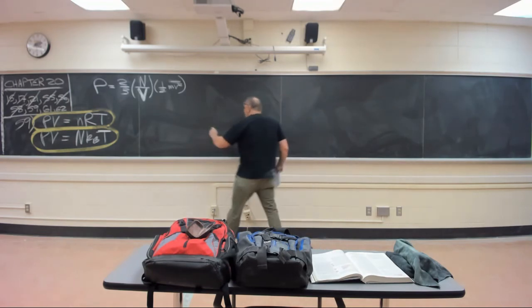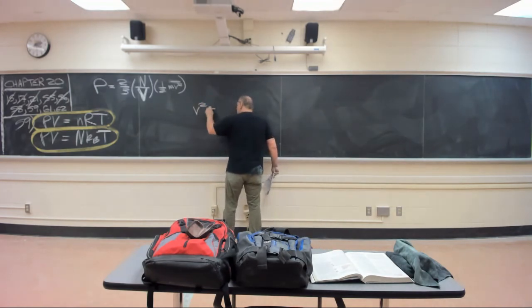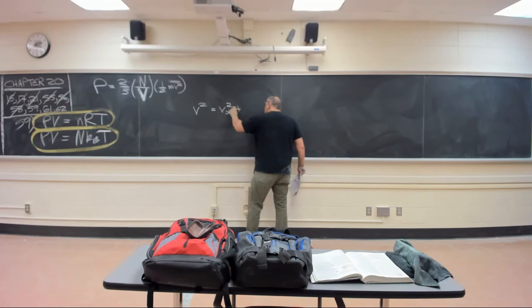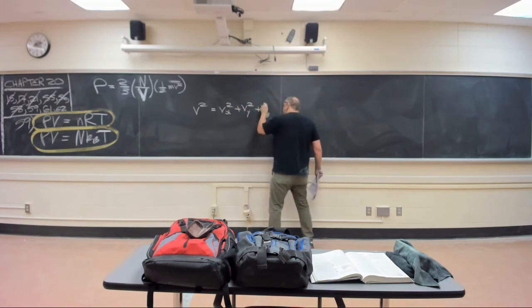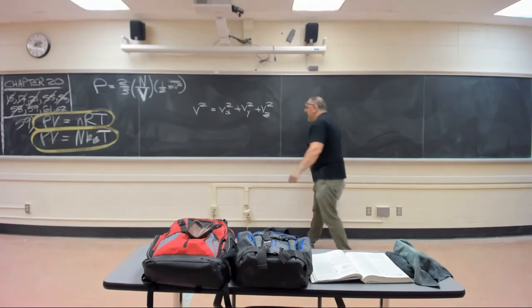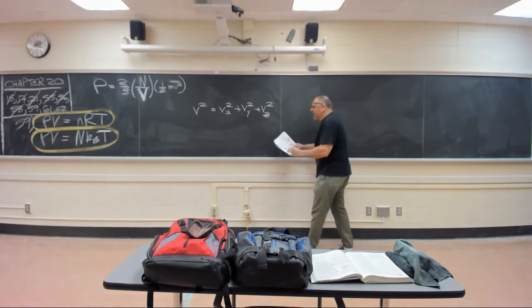Remember when we had said that right there was V sub x squared plus V sub y squared. This is past derivation. I'm not regretting showing it to you again, but I'm not going to do the whole derivation again.